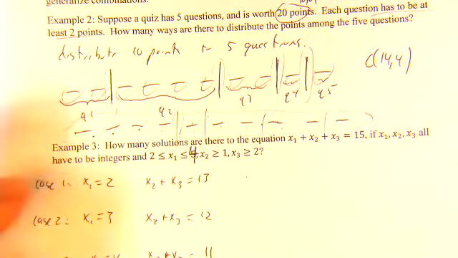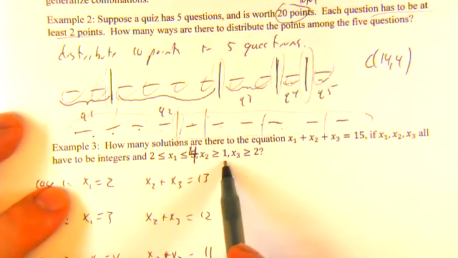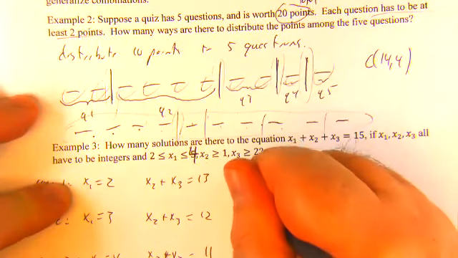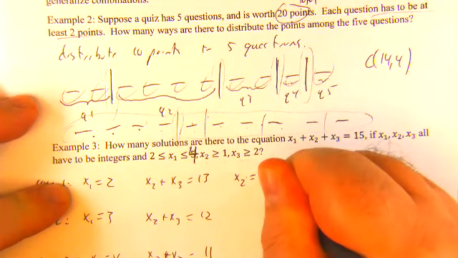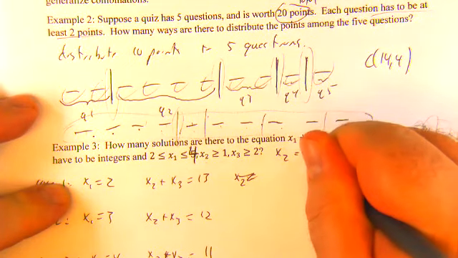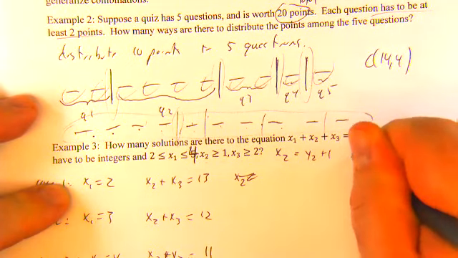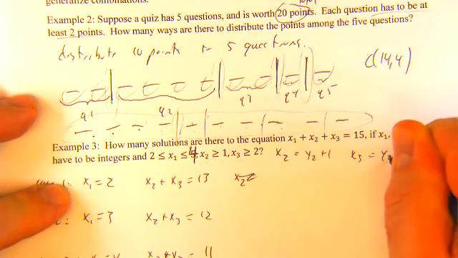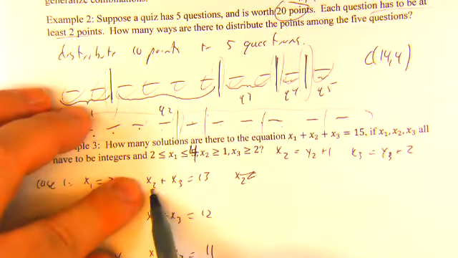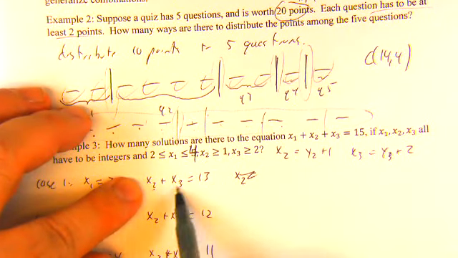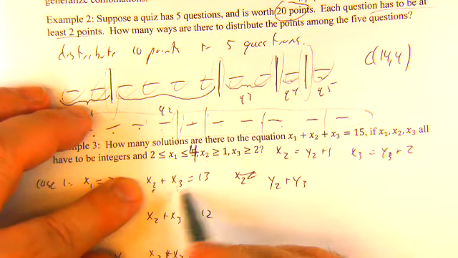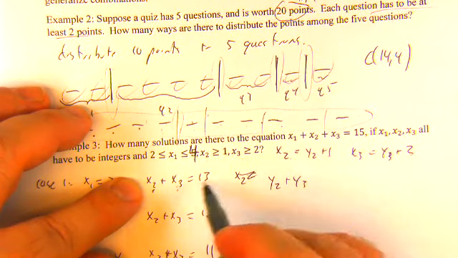Okay, but there's a restriction here. x2 has to be at least 1, x3 has to be at least 2. So if we say x2 is y2 plus 1, x3 is y3 plus 2, then in terms of y2 and y3, that's 3 points we've already accounted for.